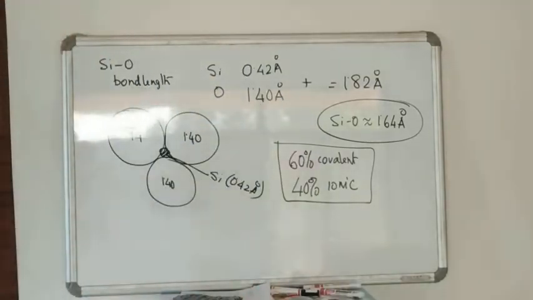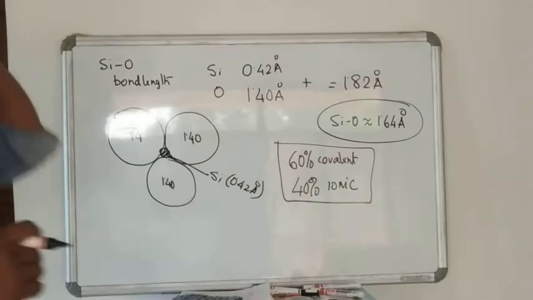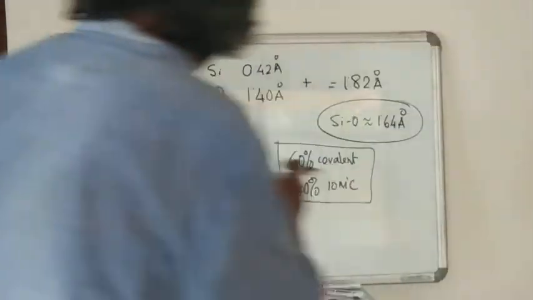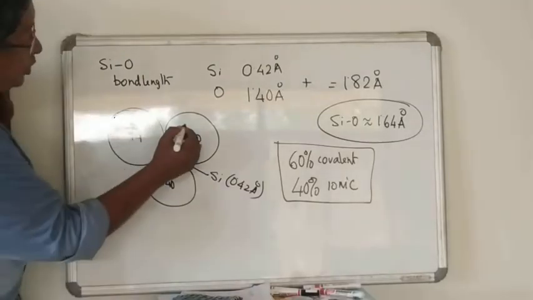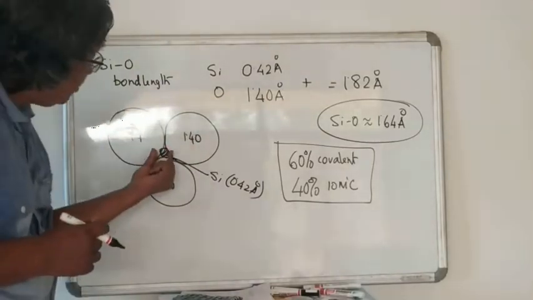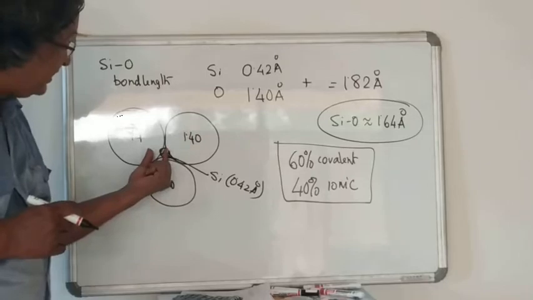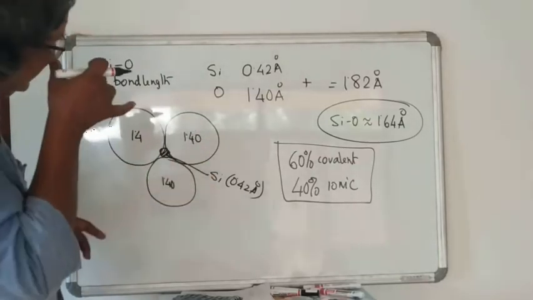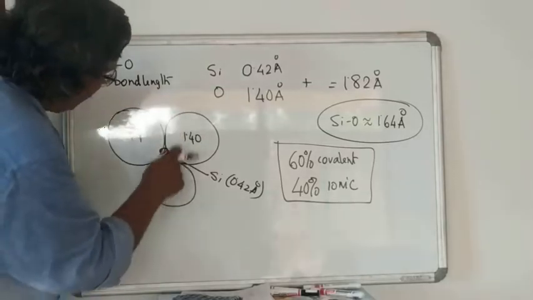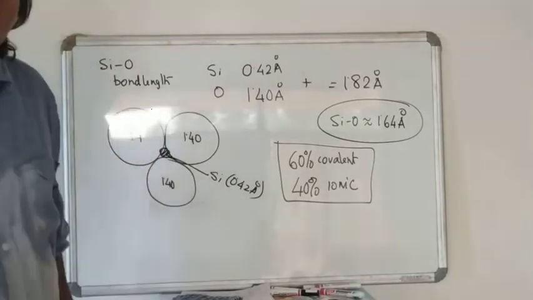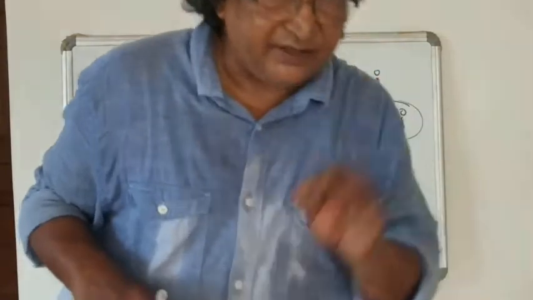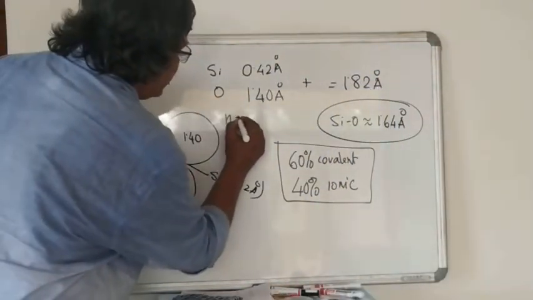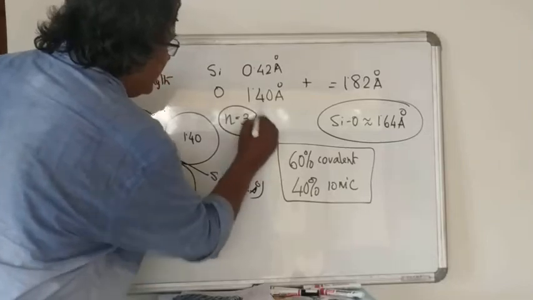So I don't know whether you know what coordination number is. A particular cation, for example silicon, let's be specific with that, is surrounded by 3 nearest-neighbor oxygen atoms. So in this case, the coordination number is 3.